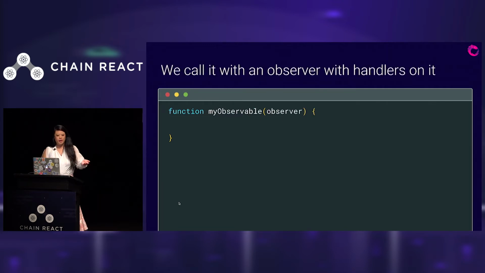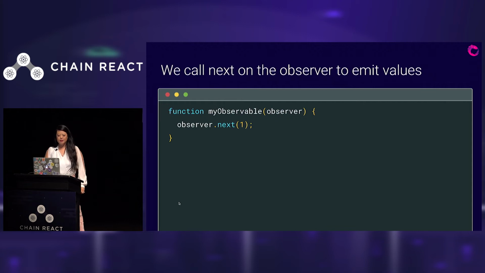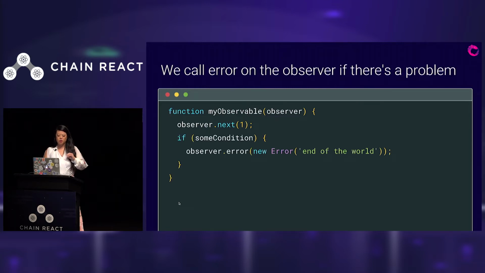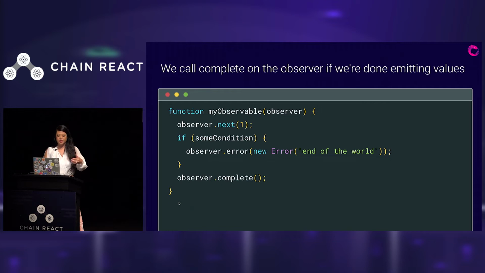The way we call it is by passing in an observer object with callback handlers on it. The next method is called when an observable wants to emit values. The error method is called when there's a problem or an error condition. And when the observable is done emitting values, it signals that by calling complete.